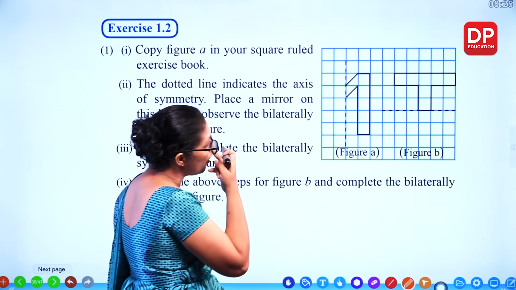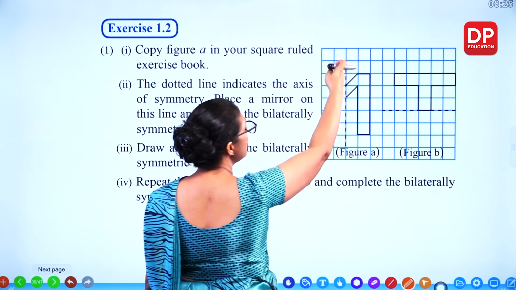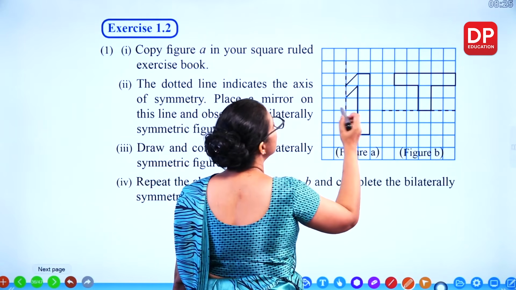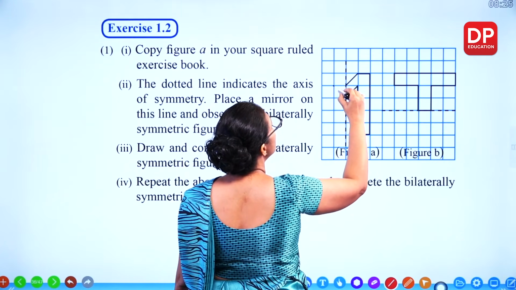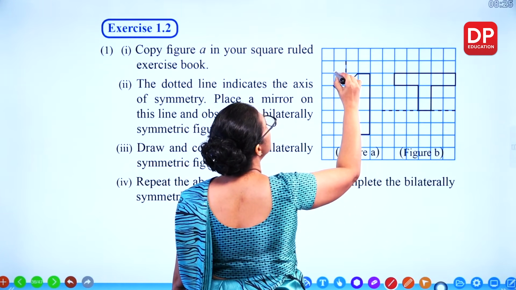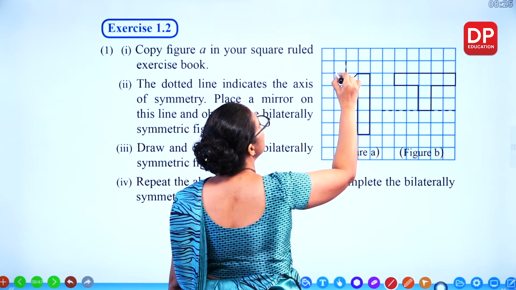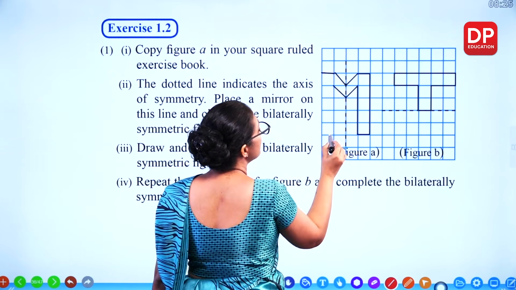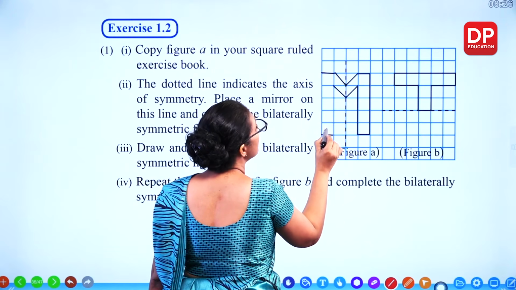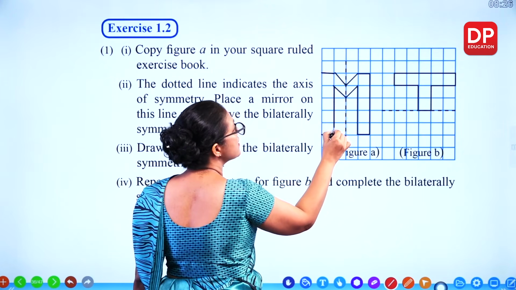So we'll try to draw this. This is the line of symmetry. So you can complete this diagram. So here you can draw a line here, here, and then one line there. Then this way a line here and now connect this one.